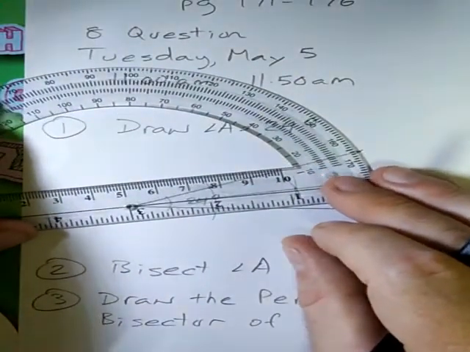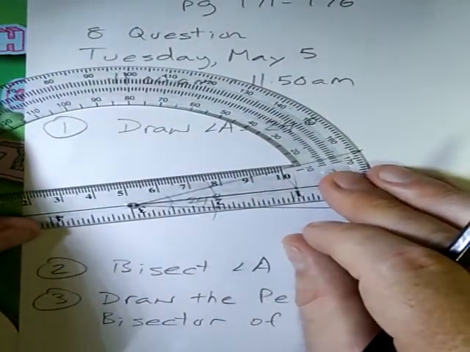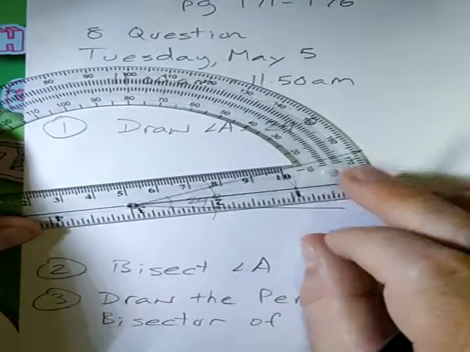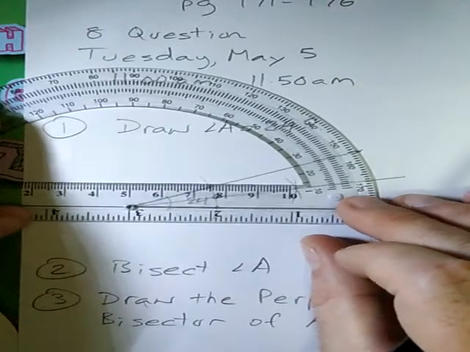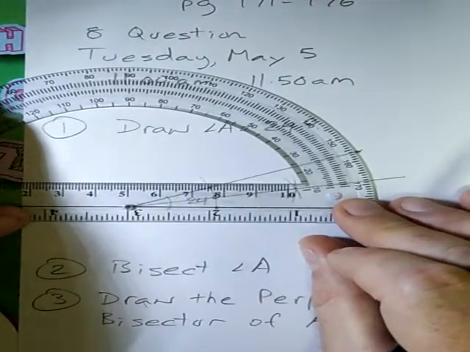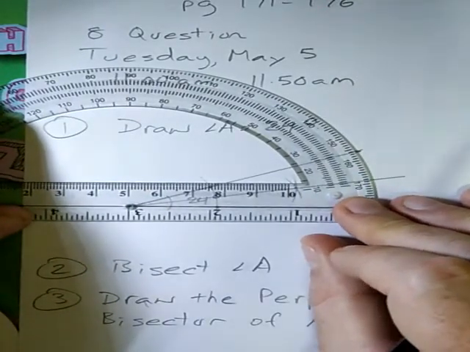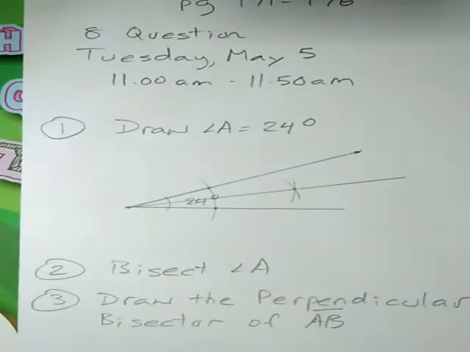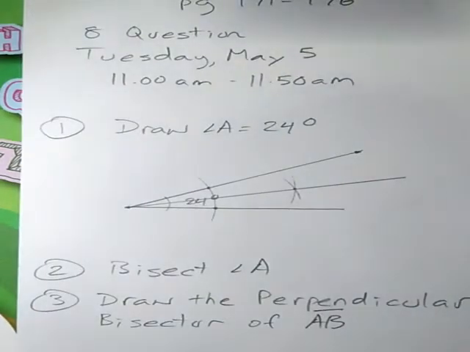Yeah, looks like I'm about 0.5 degrees off, and that's okay. So one is 12.5 and the other is 11.5. That's okay. Close enough. So that is how to bisect an angle. So you draw an angle and bisect an angle.